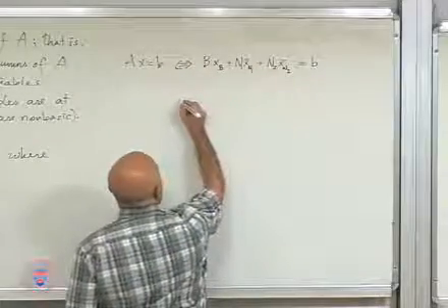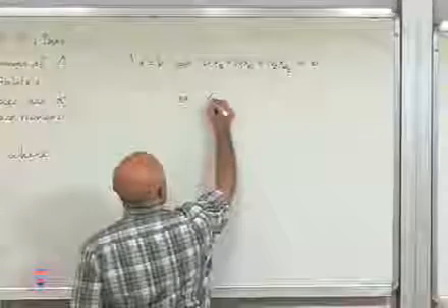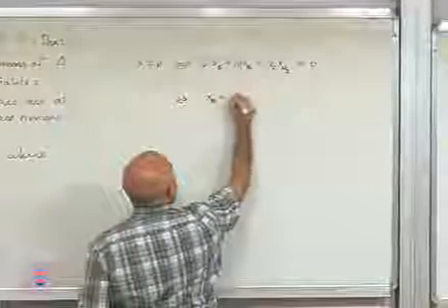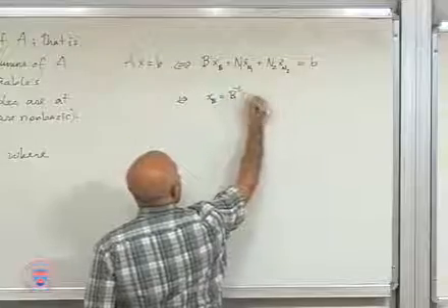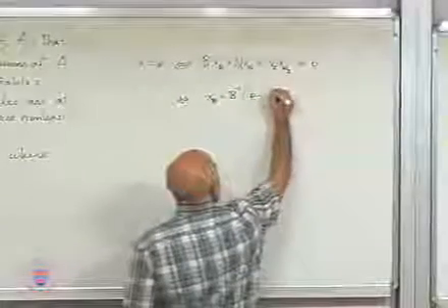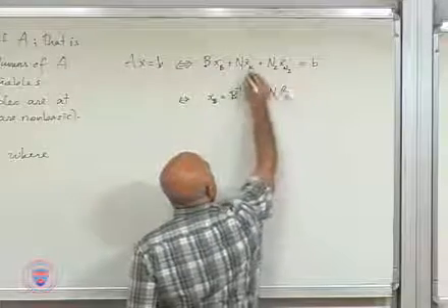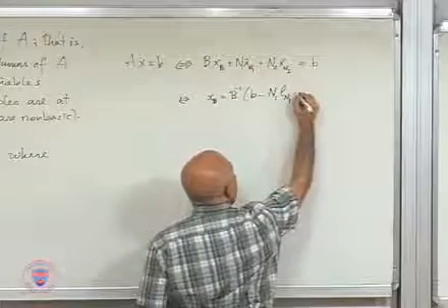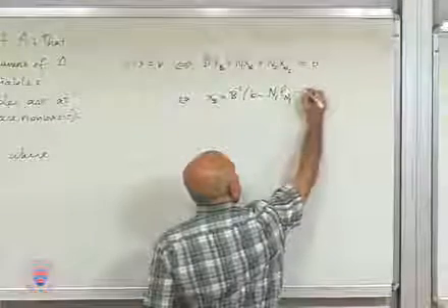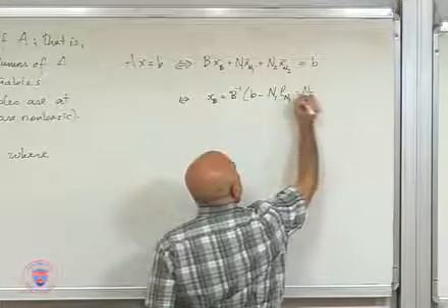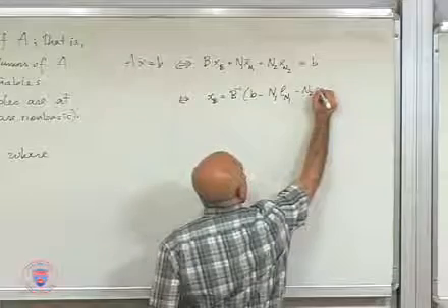And that, of course, tells you that XB is equal to B inverse into B minus N1 ln1. I'm just substituting the lower bounds and upper bounds for the respective variables, N2 UN2.